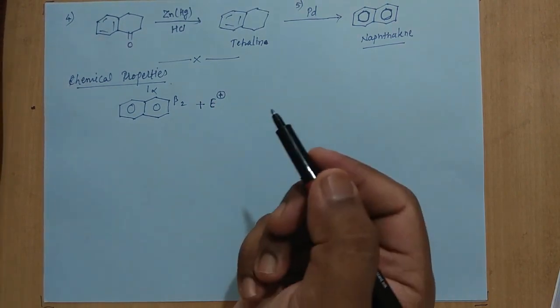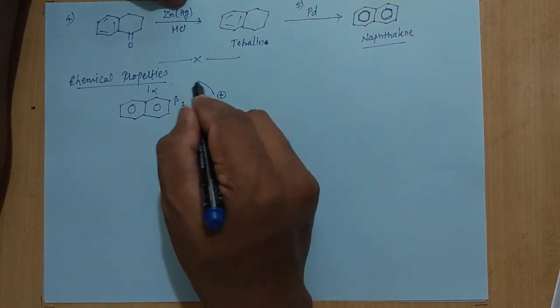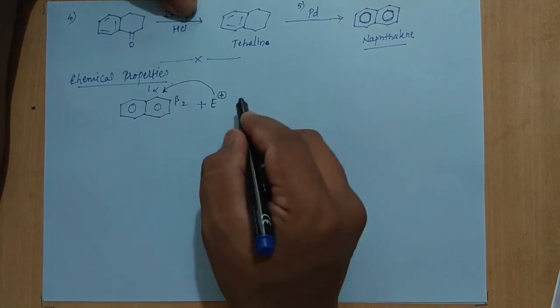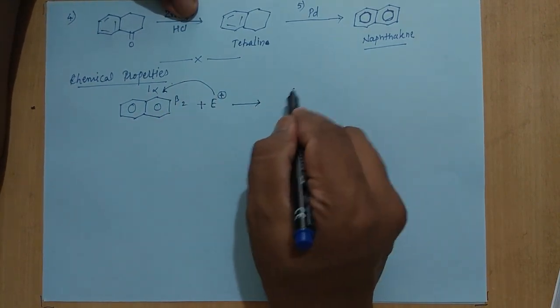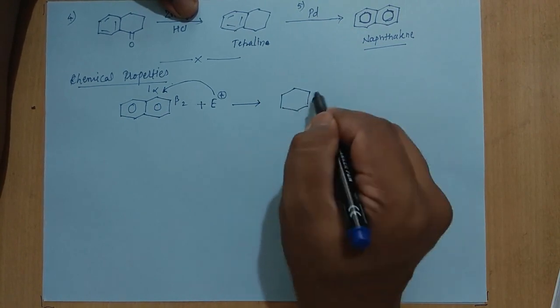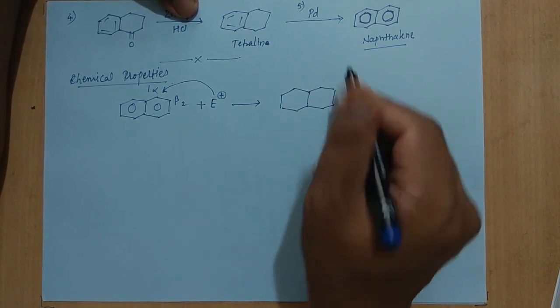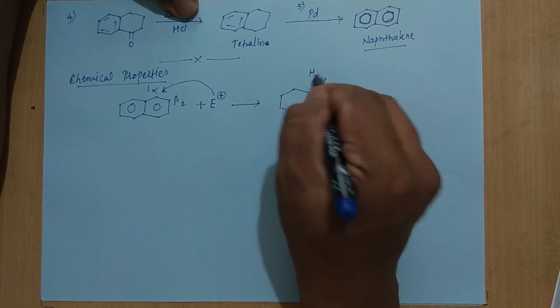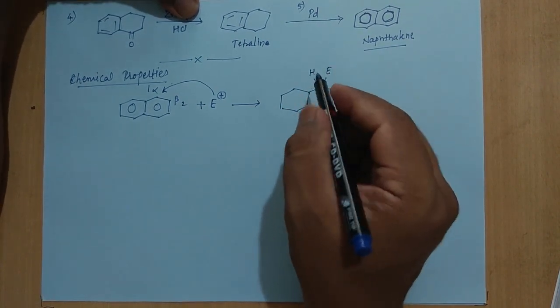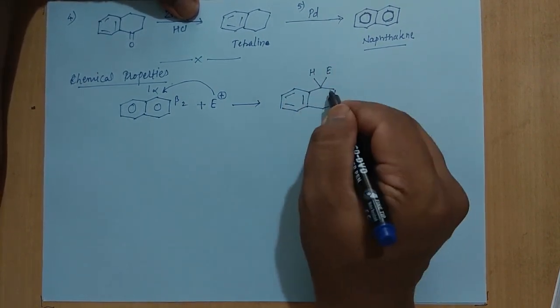Now we will discuss both. Suppose it attacks at first position. Now if it attacks at first position, then your structure will be with H and E, okay, 3 double bonds here.